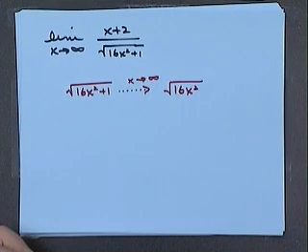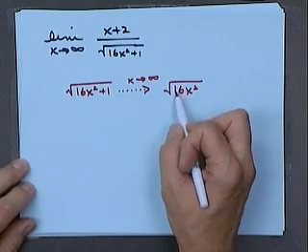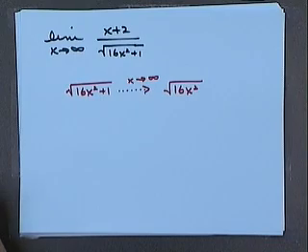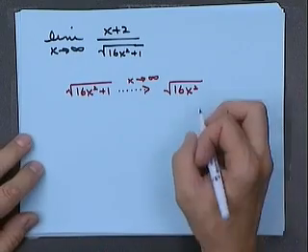Does everybody believe that? The plus 1 gets more and more insignificant the further out to the right that you go. And if it is the square root of 16x squared, that's pretty close to just 4x, right?